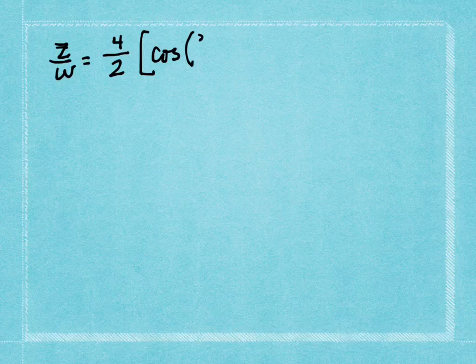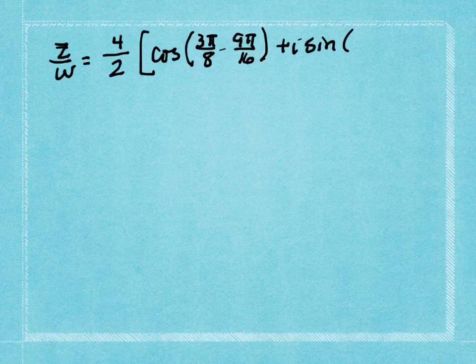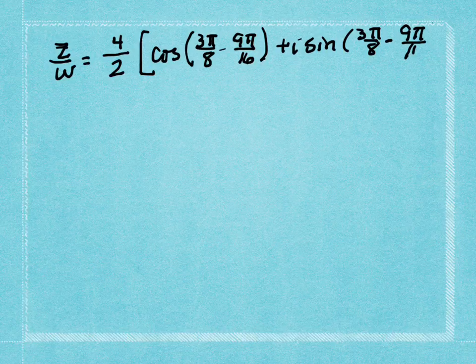So I'm dividing the z value's r value, which is 4, over the omega's r value, which was 2. And then I need the cosine of the two angles subtracted. So this is 3 pi over 8 minus 9 pi over 16, plus I sine of 3 pi over 8 minus 9 pi over 16.